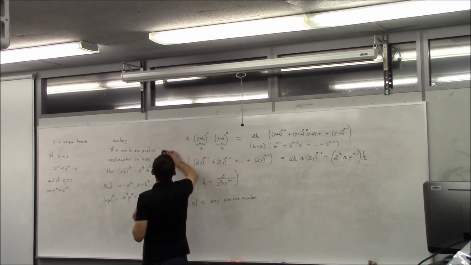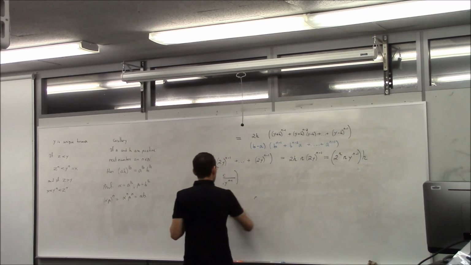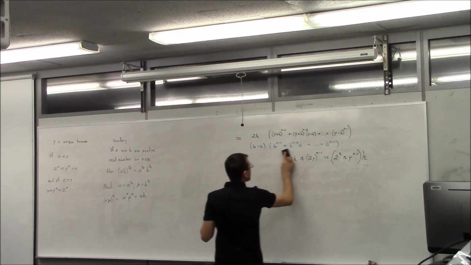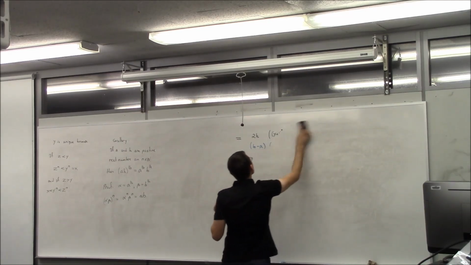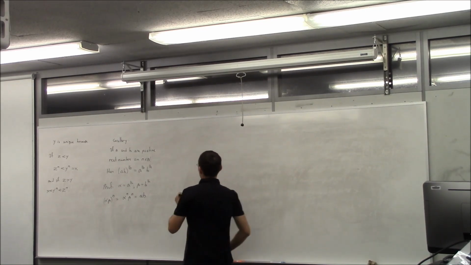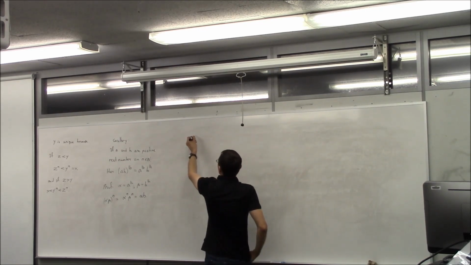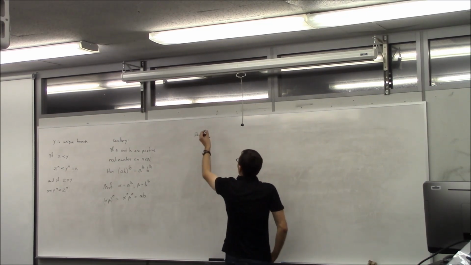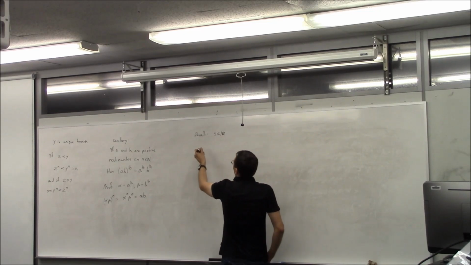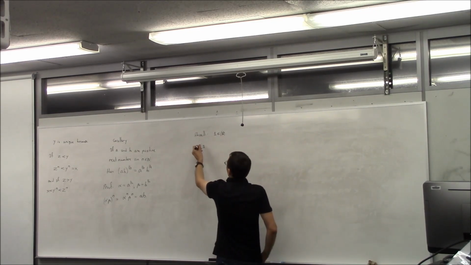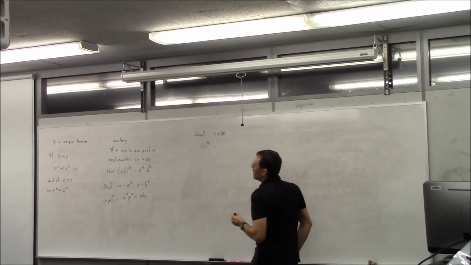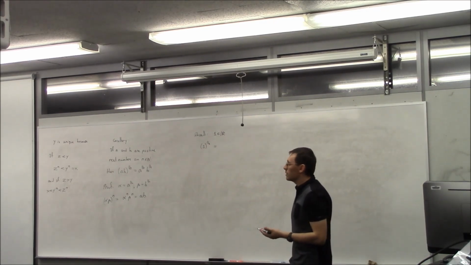Let me just remind you for a moment. Let's say in real numbers, recall, if I take 1 as an element of the real numbers, then I can consider what is 1 to the power of 1/3. In other words, what number multiplied by itself 3 times will give you 1.